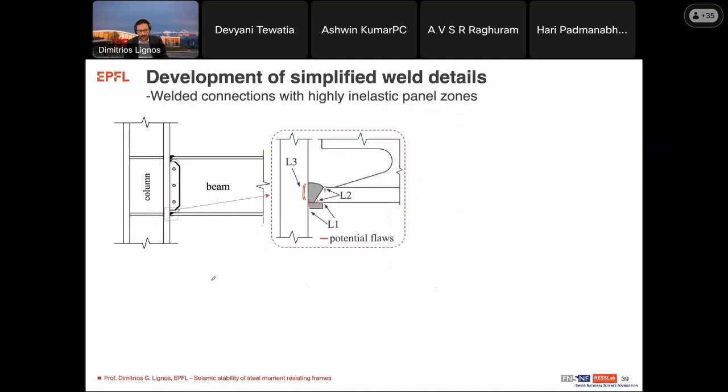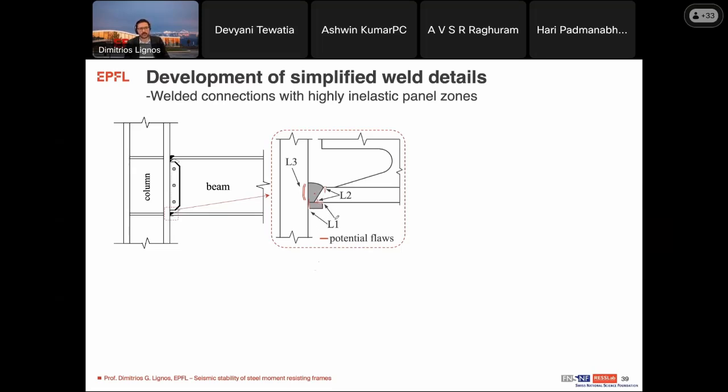I'd like to mention a couple of additional things related to panel zones, and in particular, how we can also consider simplifying details associated with the way we form welds in pre-qualified connections. If you focus on this region that I'm highlighting, you may anticipate problems with defects because of welding.